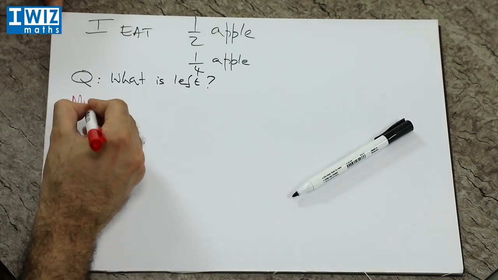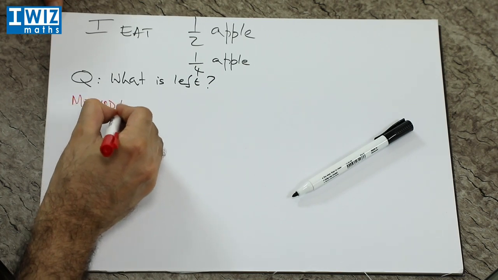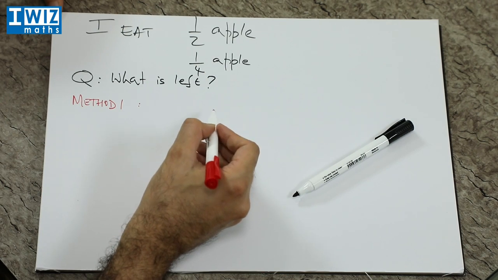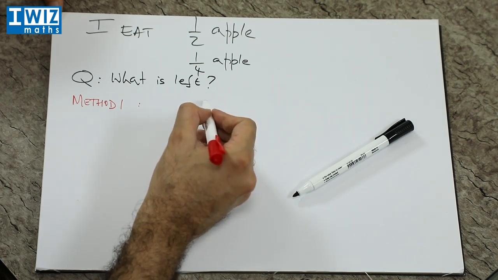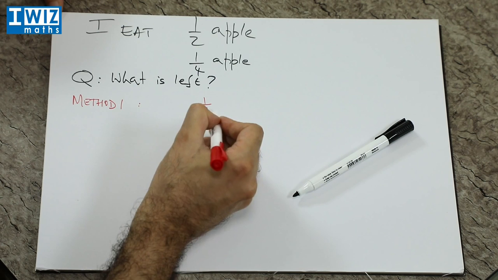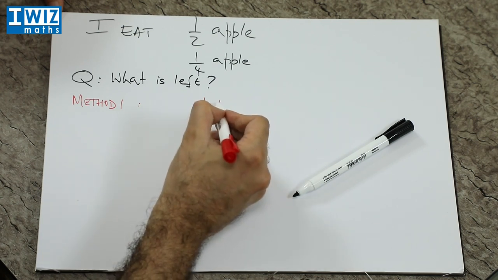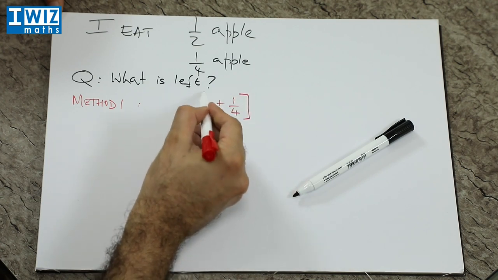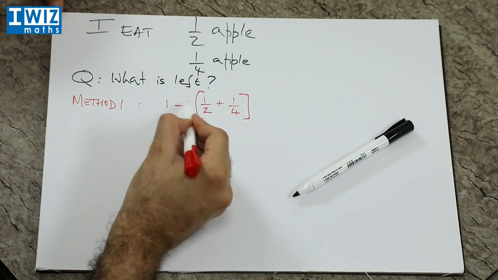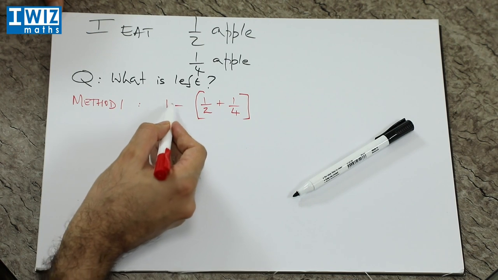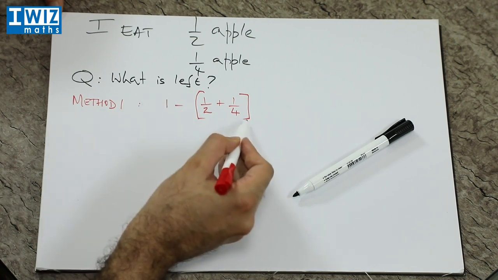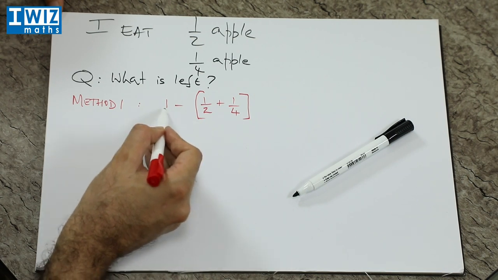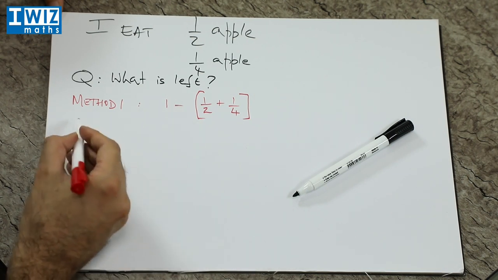Method number one is to say that I first add all the amount of apple that I have eaten. So I add 1/2 plus 1/4, and then I remove it from the whole. So this is the whole apple. I first work out the amount of apple that I have actually eaten and then remove it from the whole.